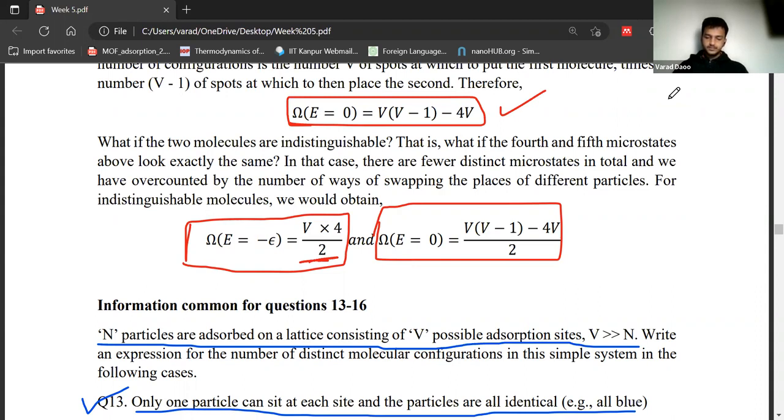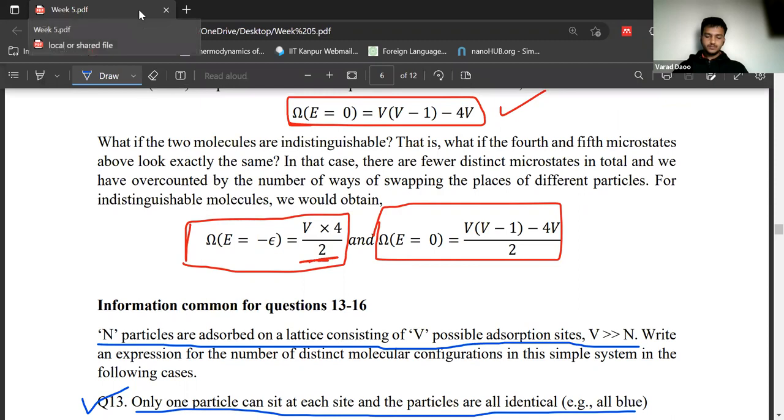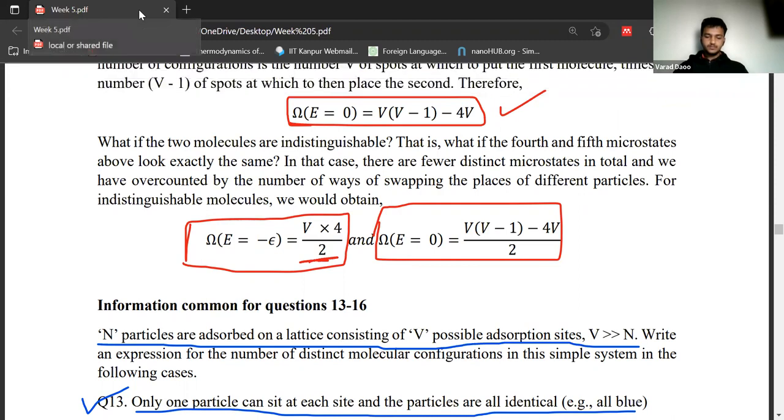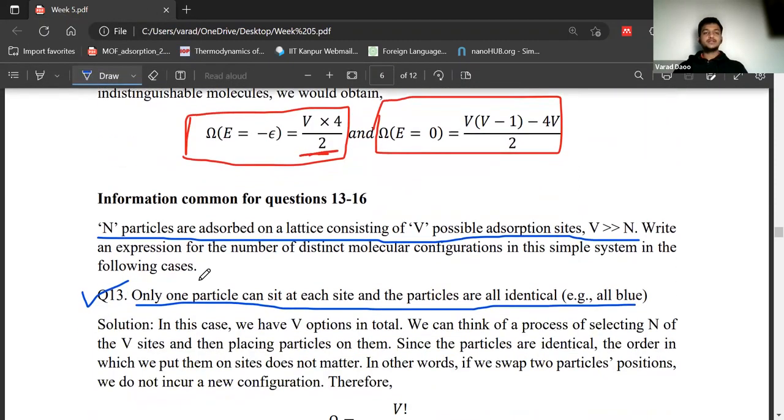Anybody got it? So the correct answer, I am not providing any answers, right?